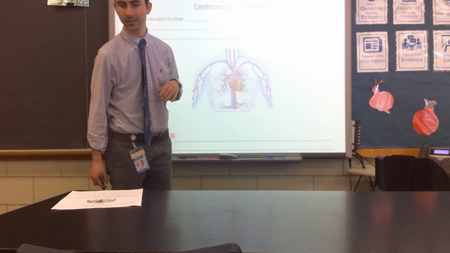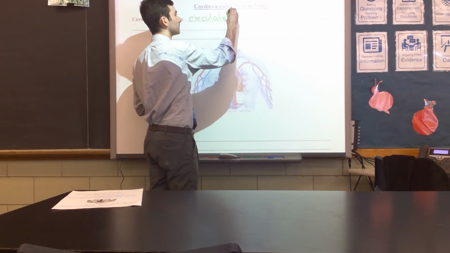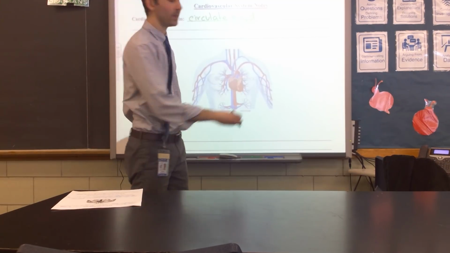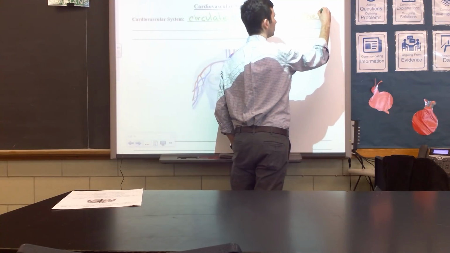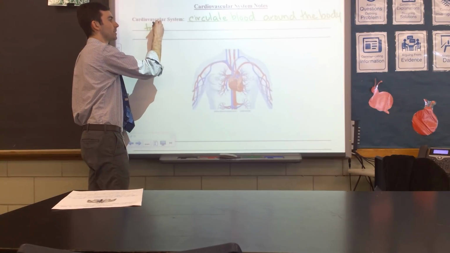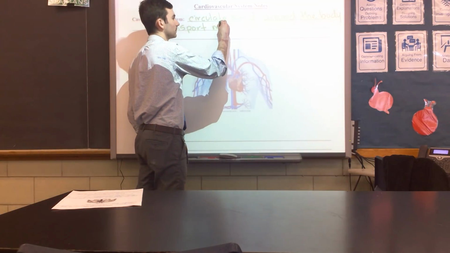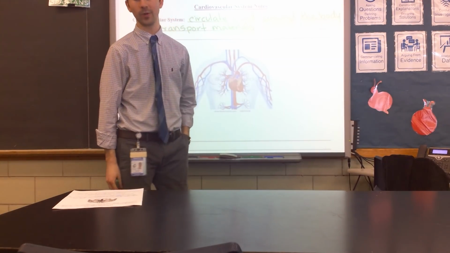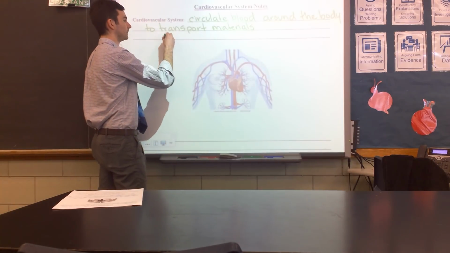So the cardiovascular system is going to circulate blood around the body, and we do this to transport materials. The materials that we can transport can be things like nutrients, oxygen, hormones, etc.